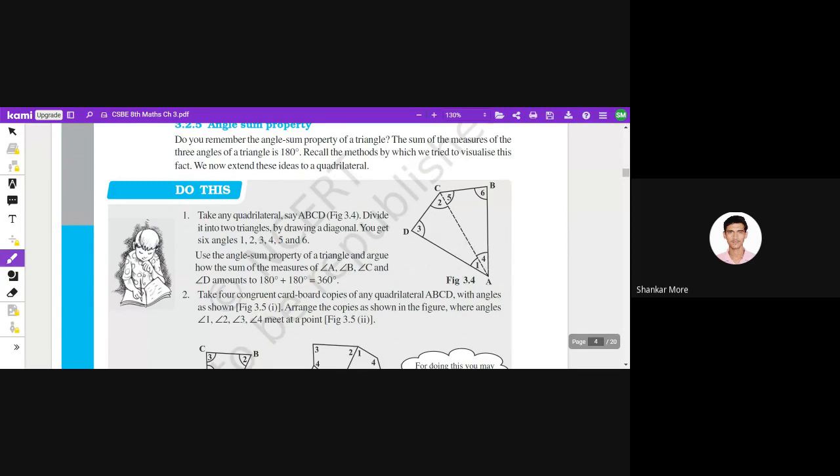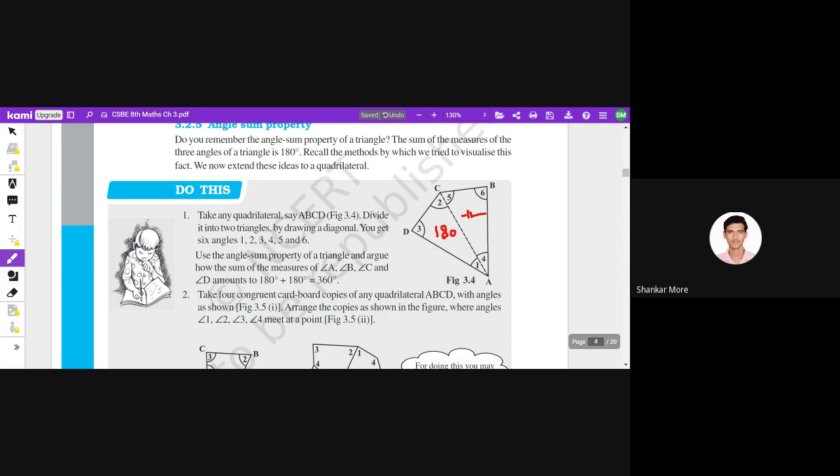And as we know, the sum of angles of any triangle is 180 degrees. So the angles in this triangle add up to 180 degrees, and similarly 180 degrees here also, right? So 180 plus 180 is 360.